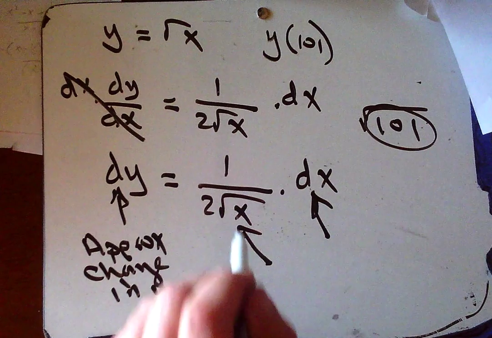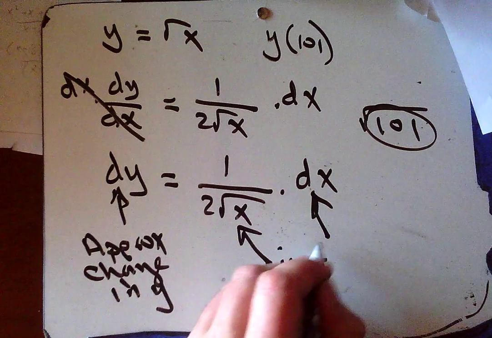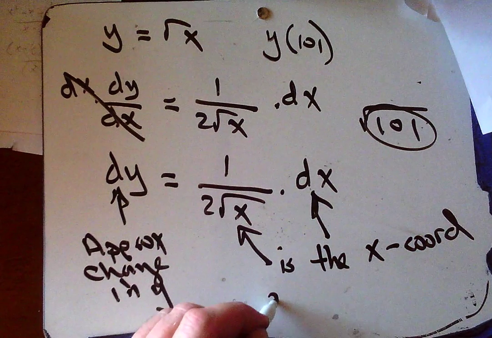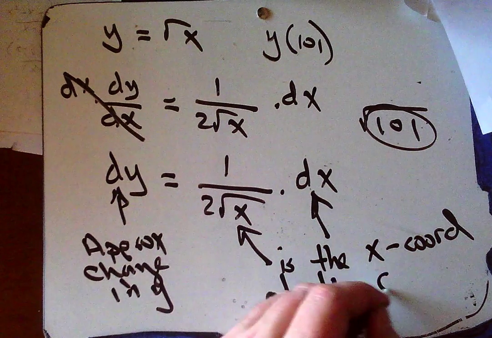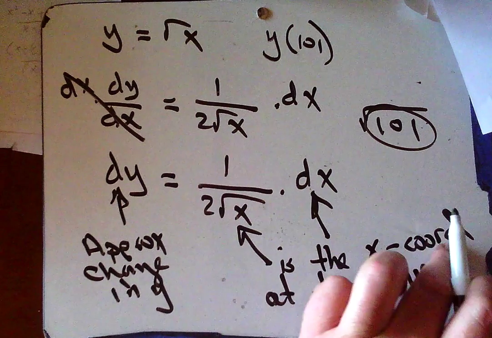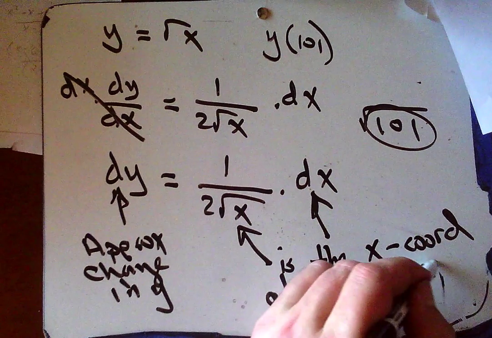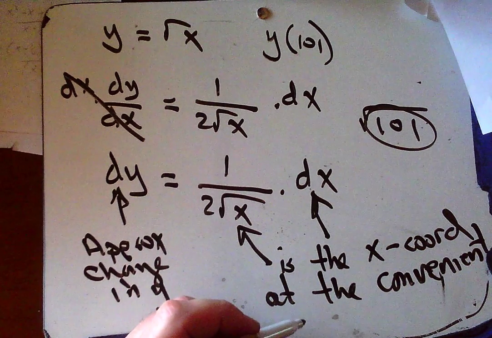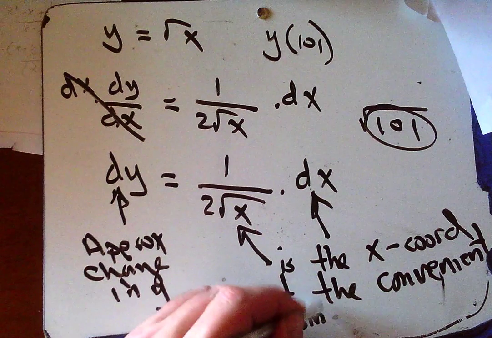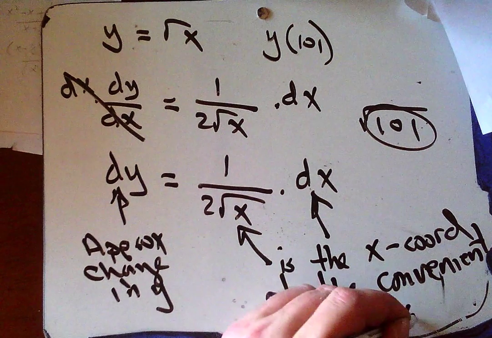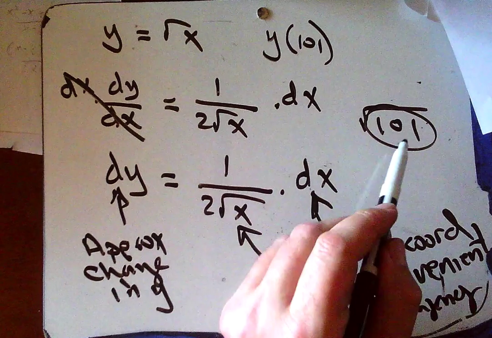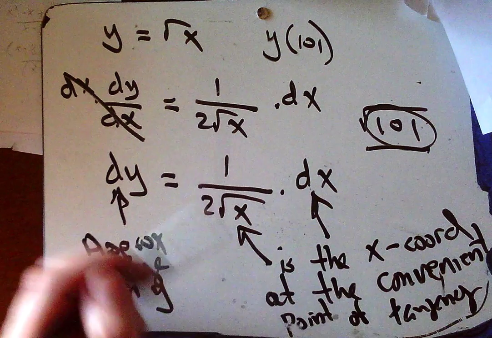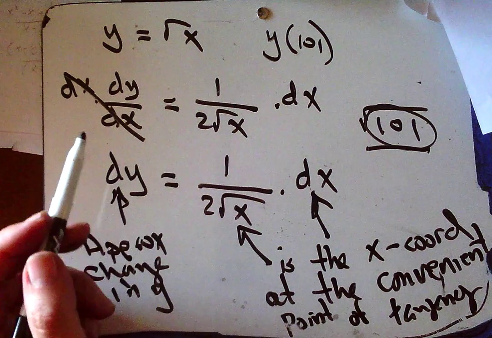Okay? This x value is the x coordinate at the convenient, you'll often hear this referred to as the convenient or nearby point of tangency. And so the point that was nearby 101, that made working with this very easy, we used 100.